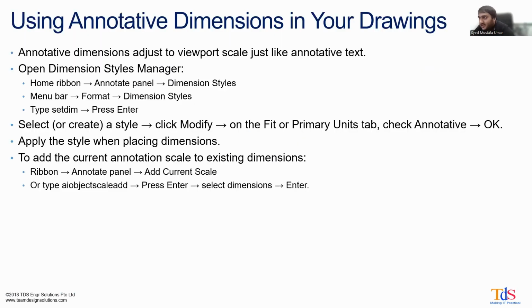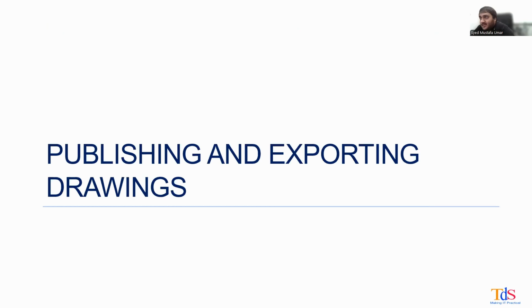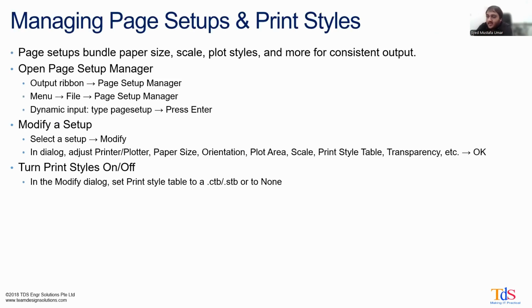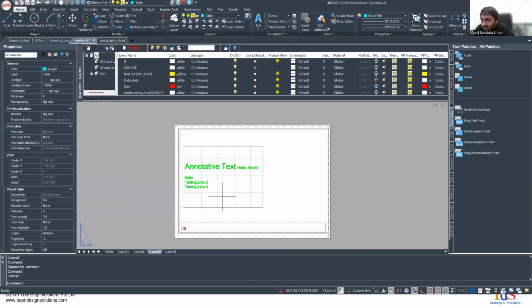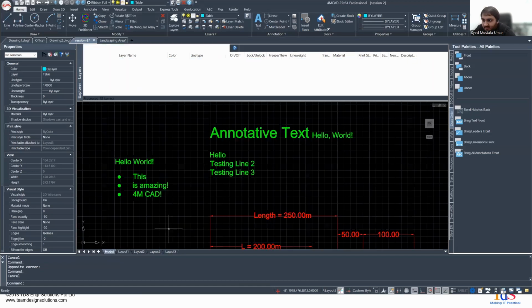So let's get back to the slides and quickly finish our final topic for the day, which is publishing and exporting drawings. In order to publish or export a drawing, ideally what you should do is create a block, and I've done that over here.